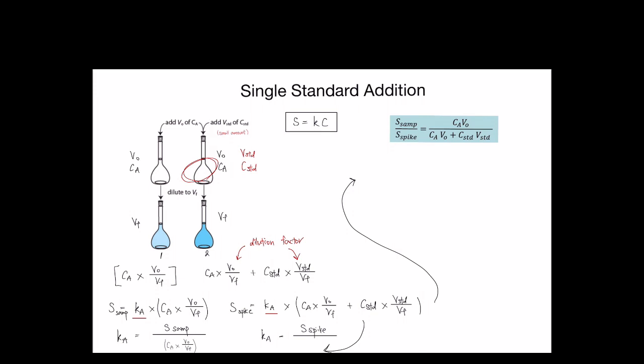Because these two are the same Ka, we can equate this formula with this one. So what does that bring to us? We have S sample over this is equal to S spike over this.